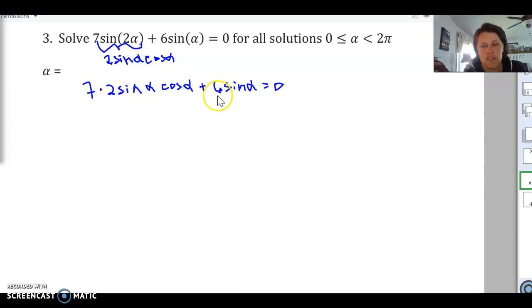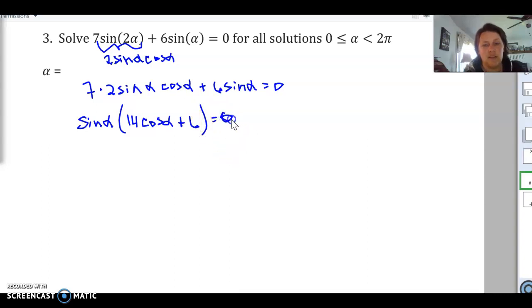And then we've got the 6 in front of there. They both have a sine alpha in common, so I'm going to go ahead and factor out that sine alpha, and now I'm going to simplify. So 14, my sine I factored out, and then cosine of alpha plus 6 sine alpha I already factored, so just plus 6 equals 0.